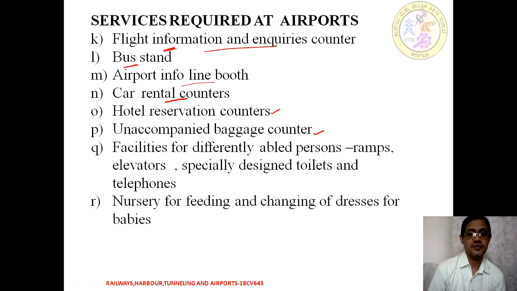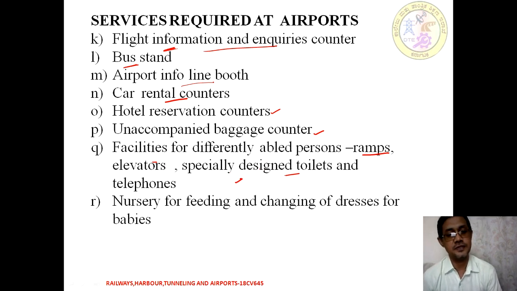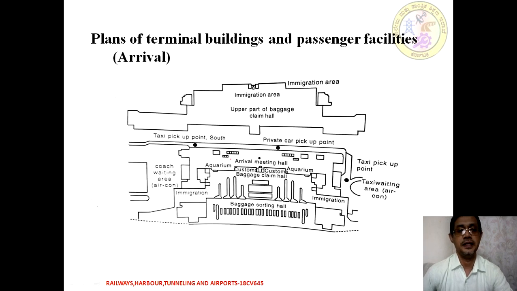Apart from that, we have some additional facilities like ramps and elevators or lifts, which are specially designed for disabled persons, then telephones and toilets. Nursery and feeding rooms also have to be provided. So these are the services required at an airport terminal building.